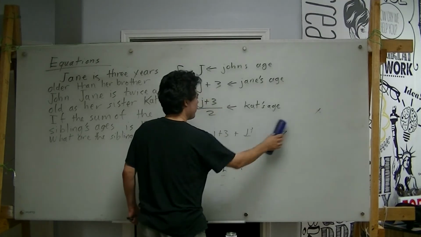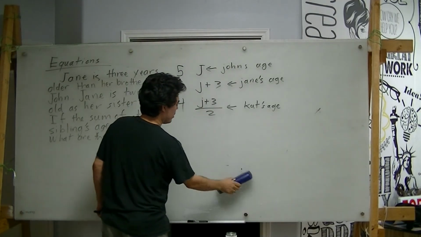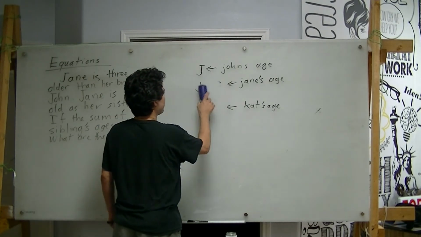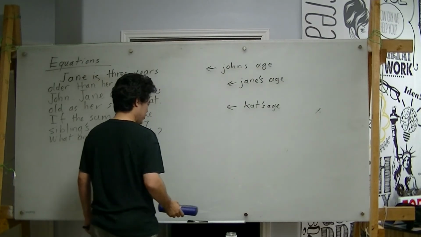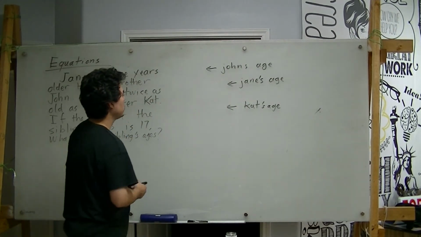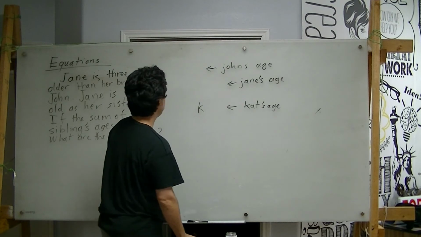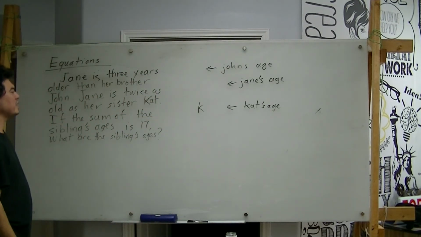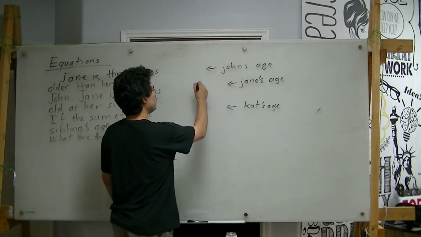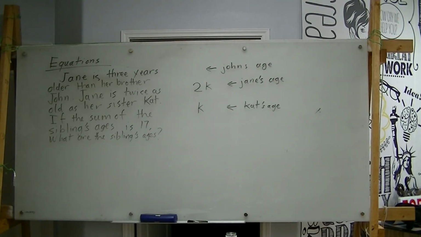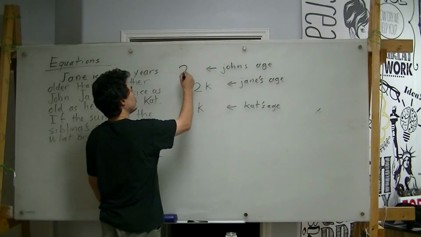Let's pretend that instead of picking John, which was a very reasonable choice, of course, I had picked Kat's age, K. Then Jane would have been twice as old as Kat, so it would have been 2 times K. And then it says that Jane is 3 years older than her brother John, and so John would be 3 years younger than Jane. So it would be 2K minus 3.